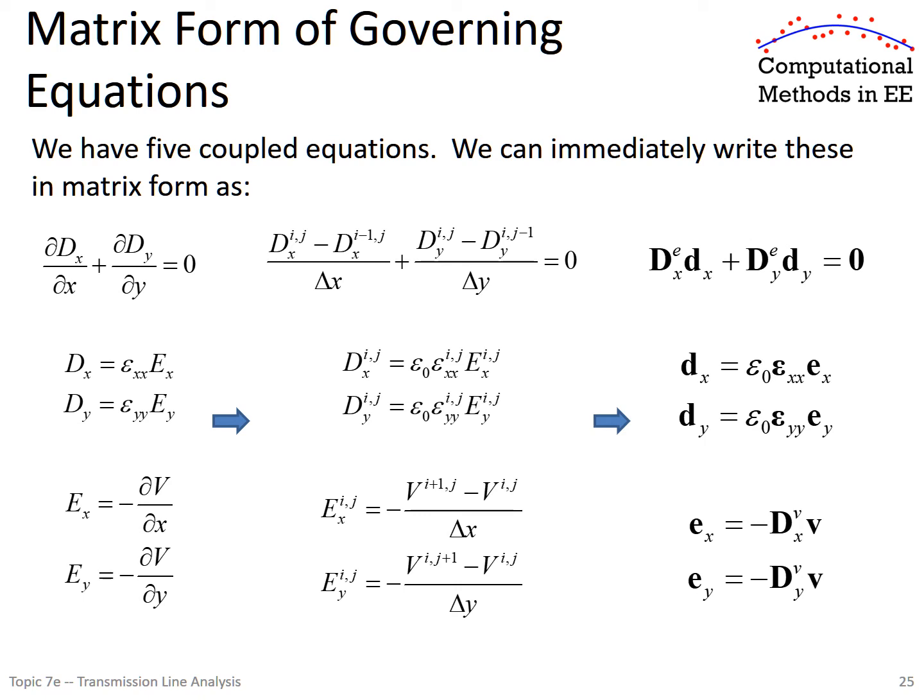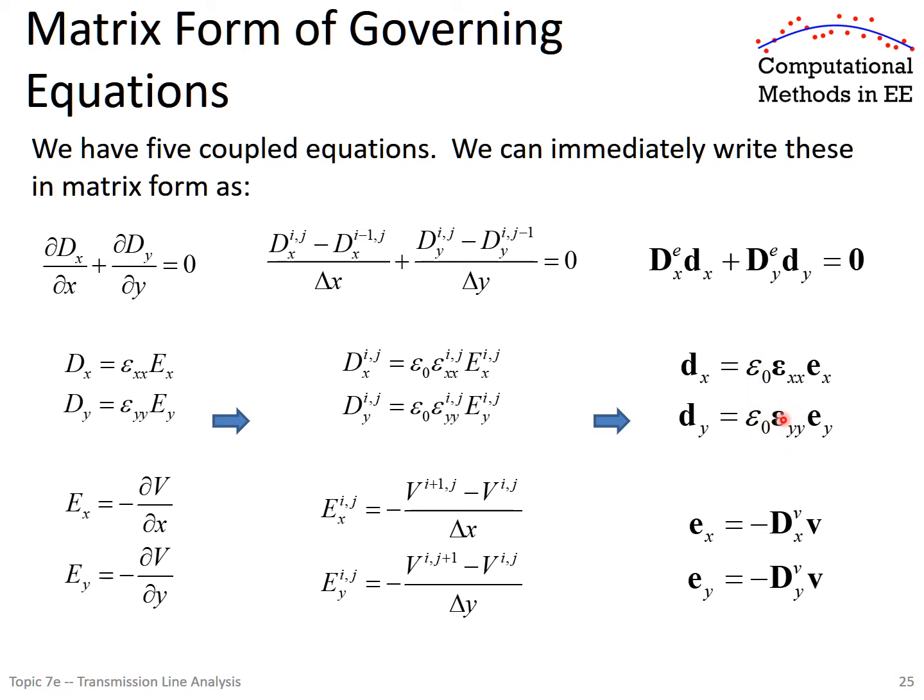So my notation here, if I'm showing a lowercase bold letter, that's a column vector. And in this case, it's our unknowns. The capital letters are square matrices. So this will be our derivative matrix of an electric field quantity in the x direction. And from the previous lecture, we know what those look like. So all lowercase letters are column vectors. These epsilon naughts, those are just a single scalar constant.